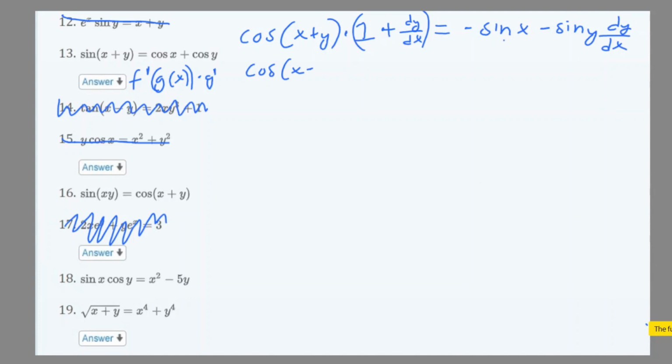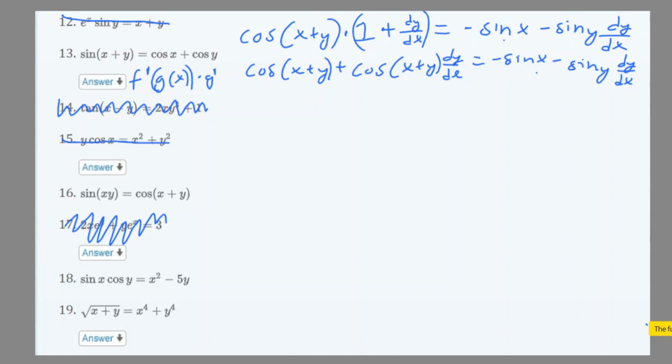So we're going to have cosine x plus y plus cosine x plus y dy dx. And now we want to get everything on one side. So let me just finish writing the other side out. Sine y dy dx. Getting a little bit messy.